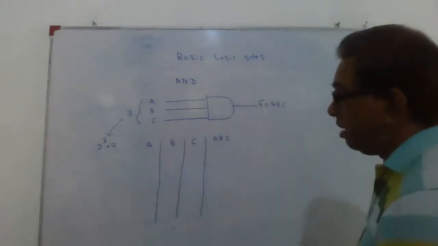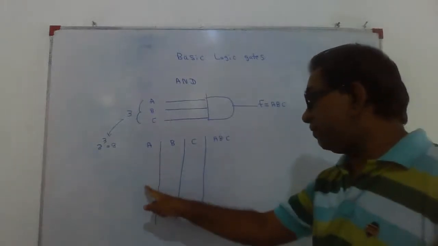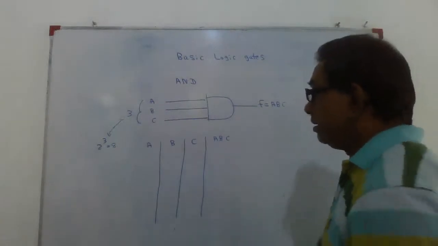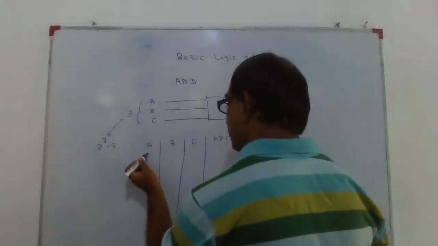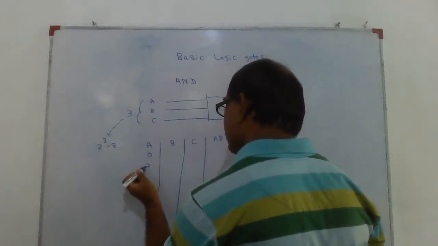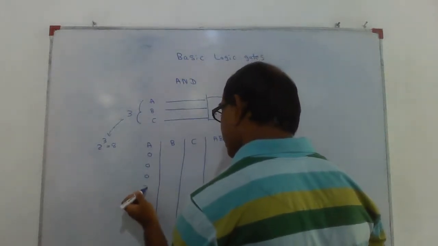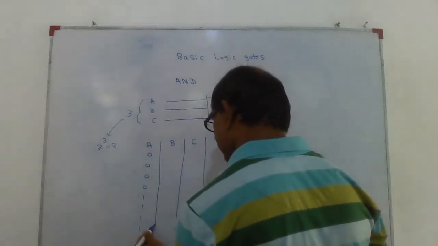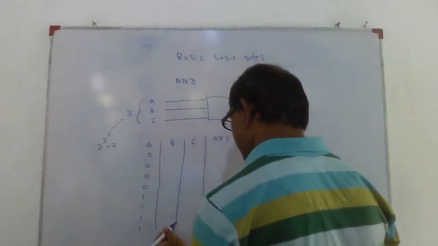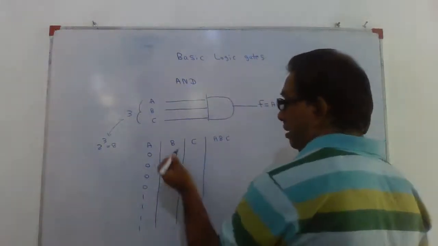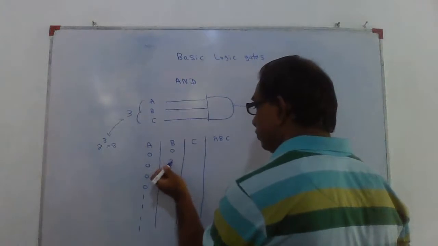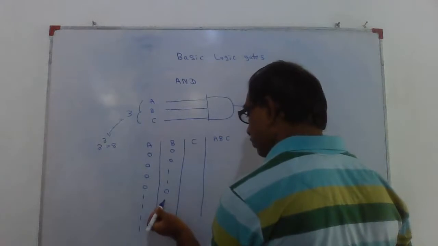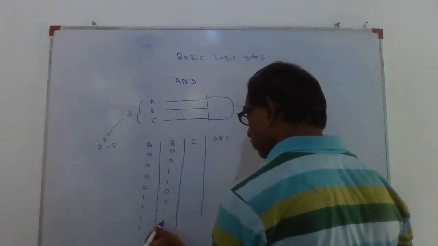I would like to show you. You have to write rows 1, 2, 3, 4, 5, 6, 7 here. It is easy if you write it like this. For A, directly write 4 zeros and 4 ones. Then for B, 2 zeros, 2 ones, 2 zeros, 2 ones.